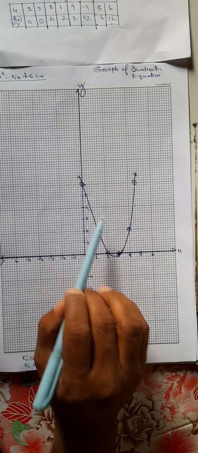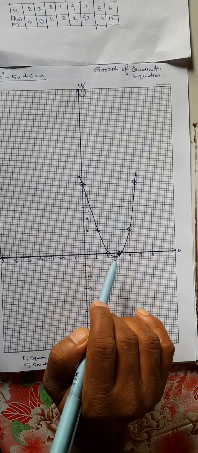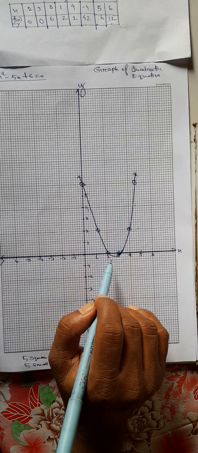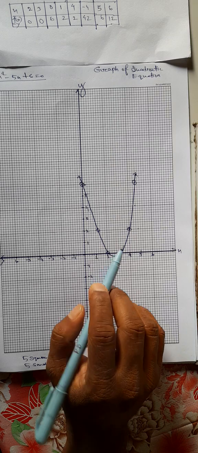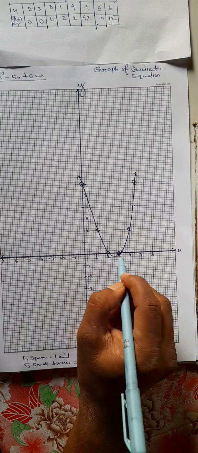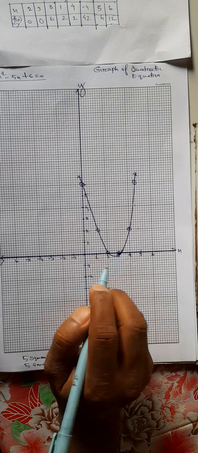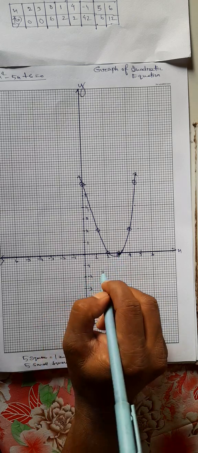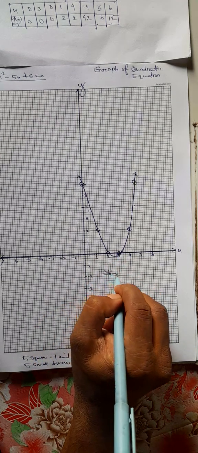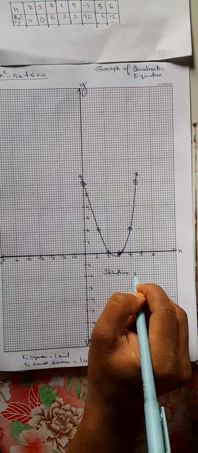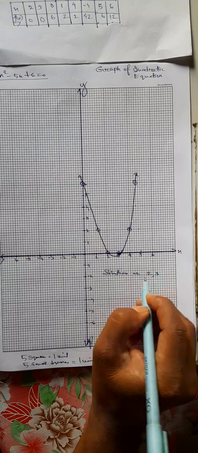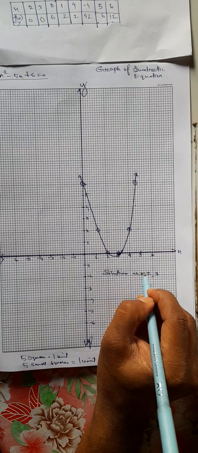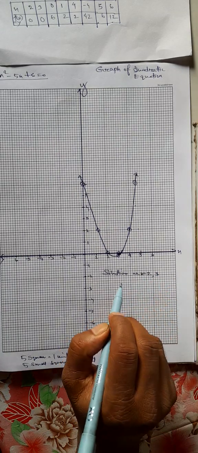This means the graph of this equation intersects the axis of x in two different points with different abscissae. The first point's abscissa is 2, the second point's abscissa is 3. So the solutions are x equal to 2 and 3.